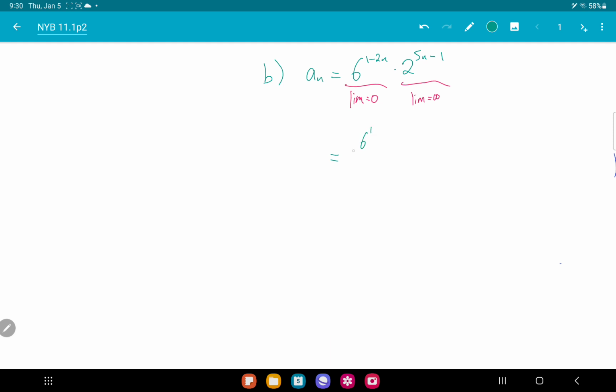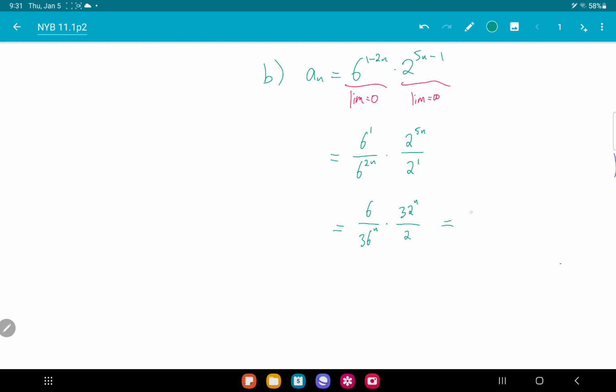So I get 6 to the 1 over 6 to the 2n. Like so. It's my first step. It's 6 over, this looks like 36 to the n times 32 to the n on top over 2.